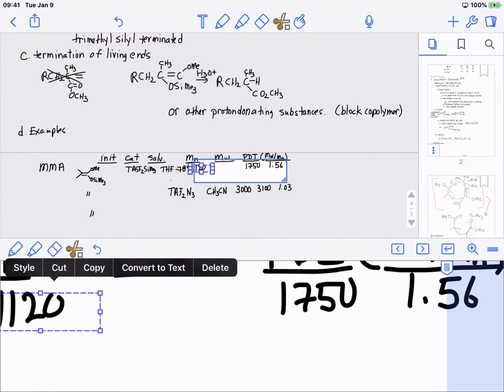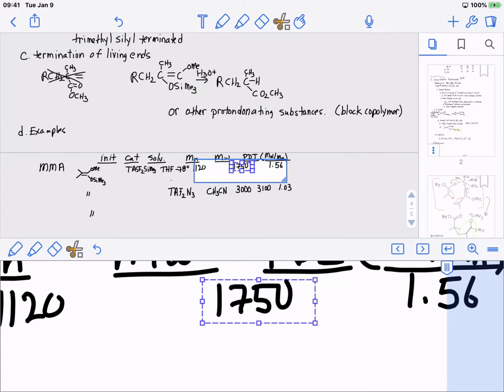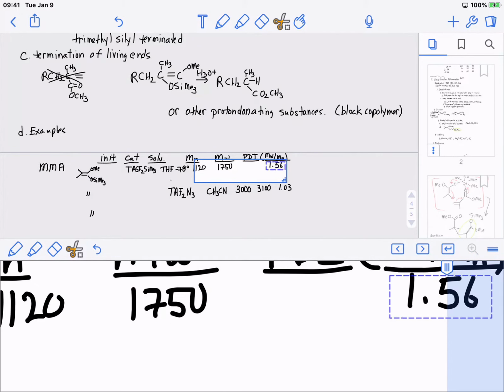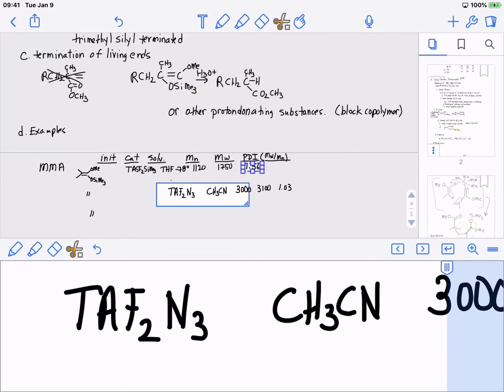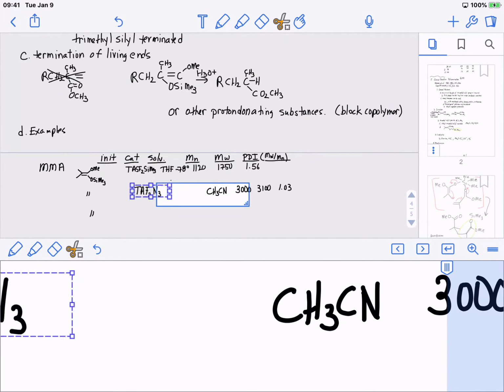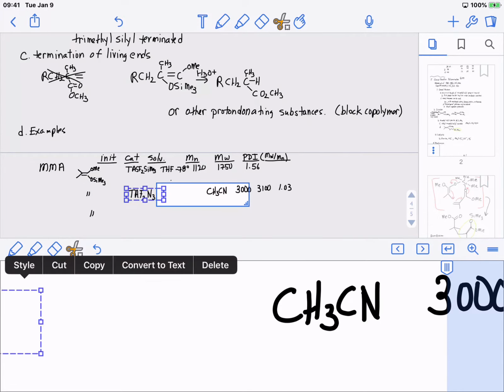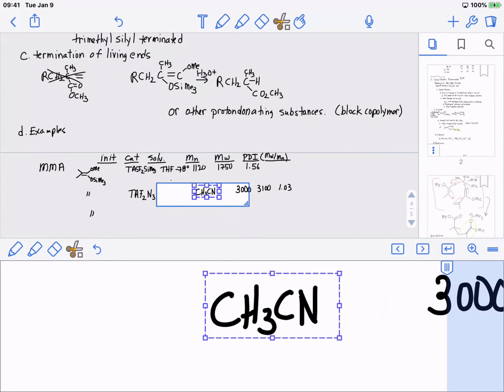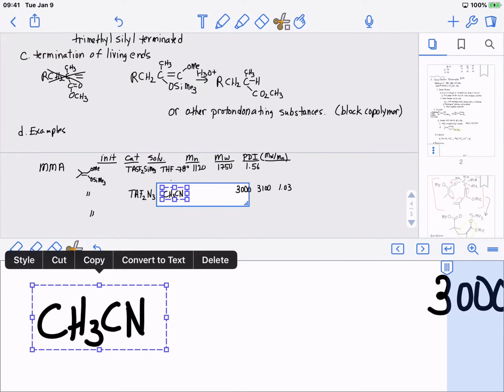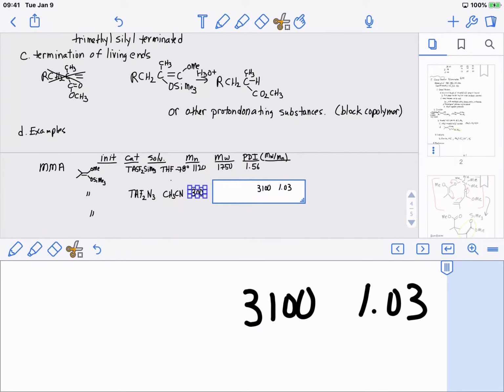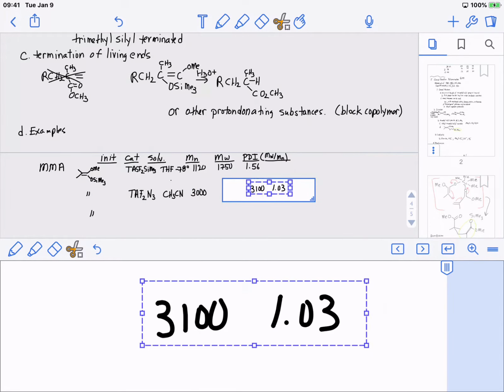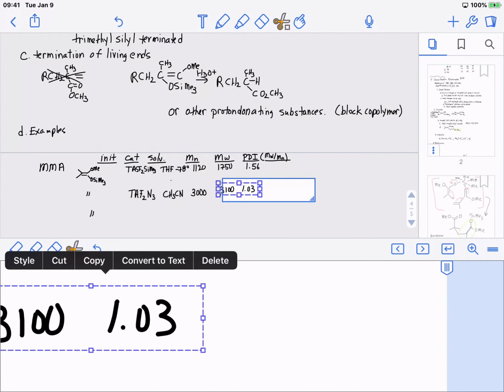There's Mn. There's Mw. And there's that. Okay. So catalyst, we move over there. Solvent, we move over there. 3000, we move there. And these guys move there. Okay.